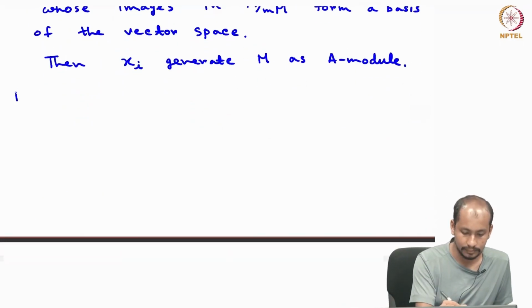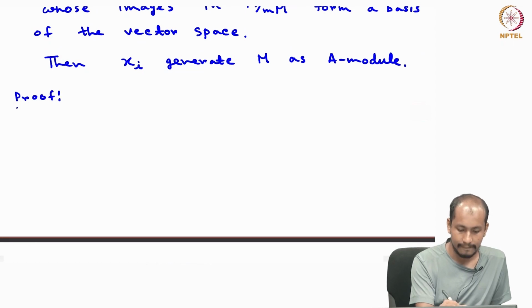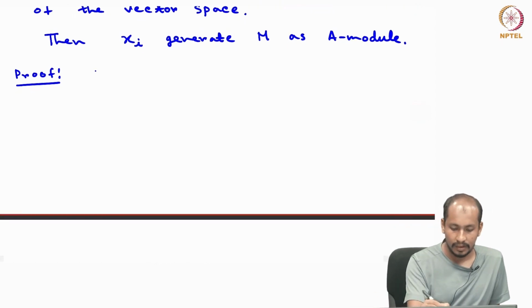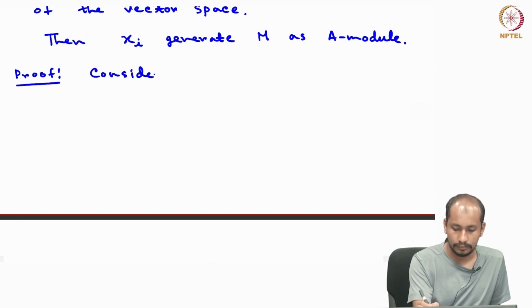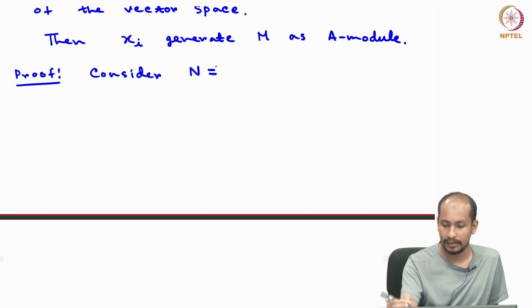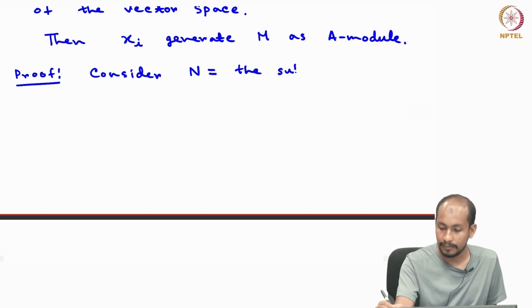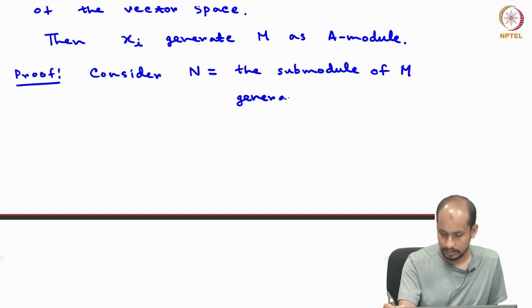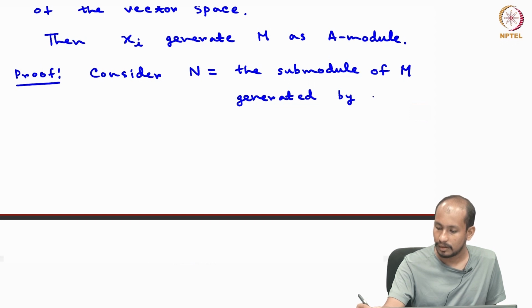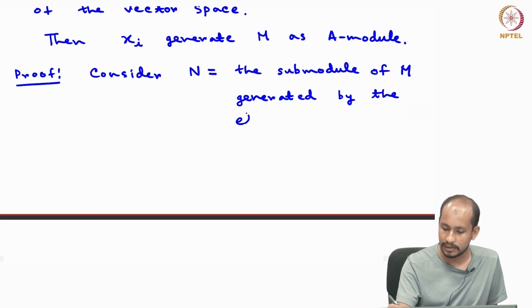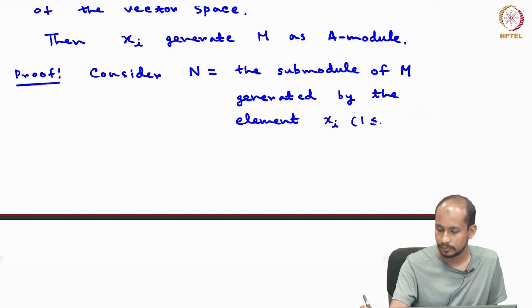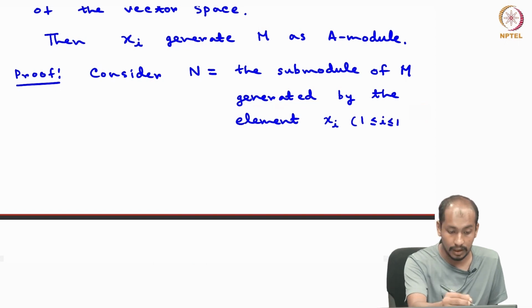Now, proof. Consider the submodule N of M generated by the elements x_i, i from 1 to r, right.